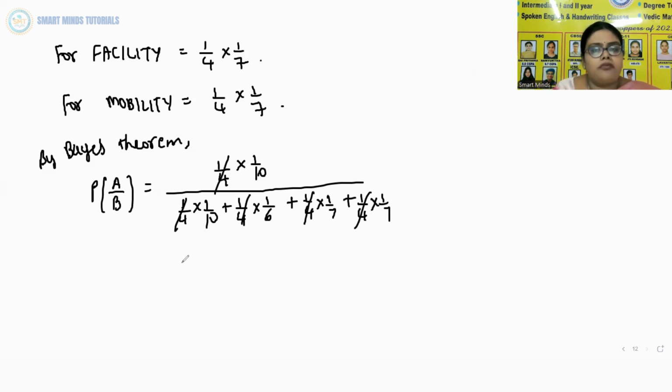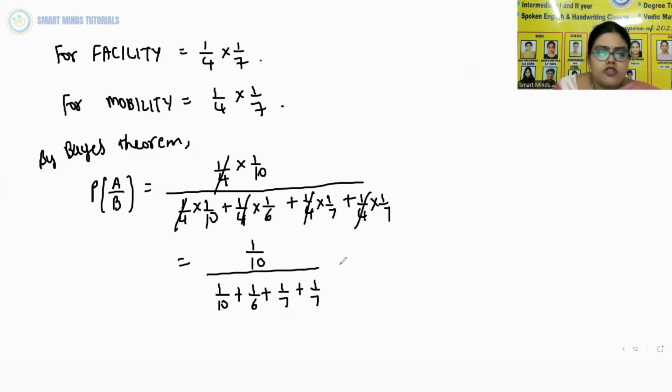So that is 1 by 10 by 1 by 10 plus 1 by 6 plus 1 by 7 plus 1 by 7. So if you take the LCM of 10, 6 and 7, what do you get?